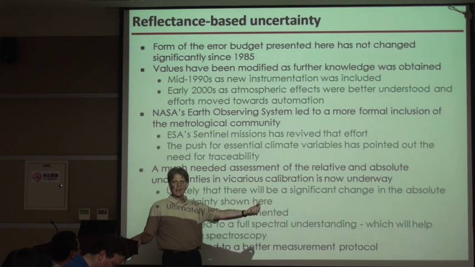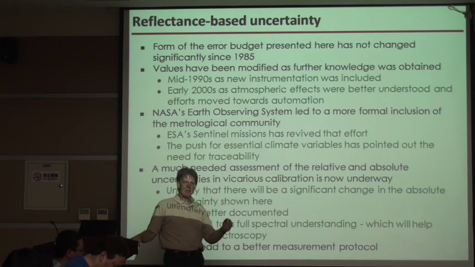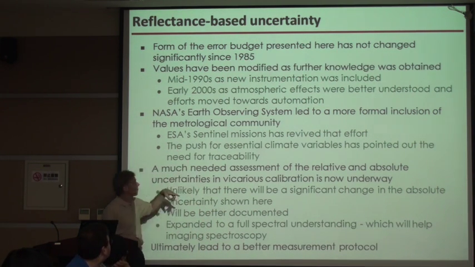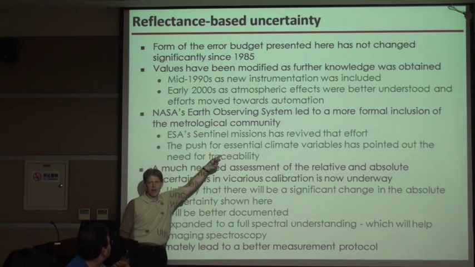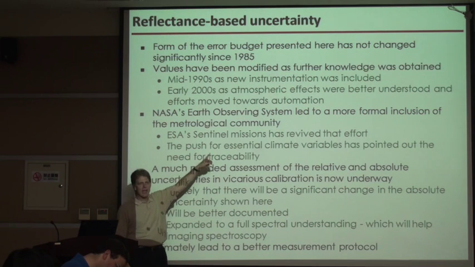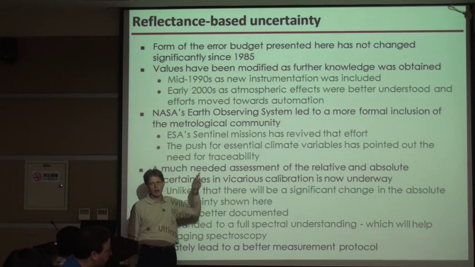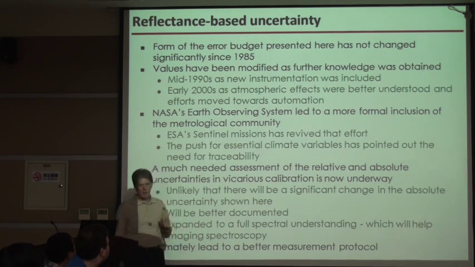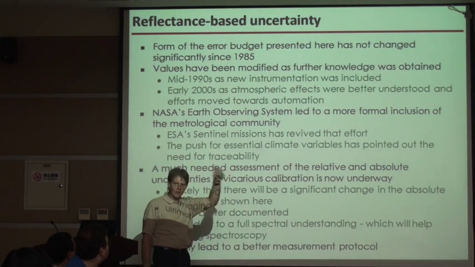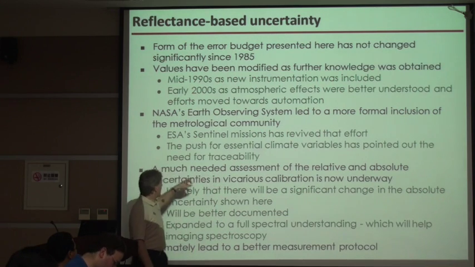We brought the meteorological community into the discussion, and they forced us to start doing better error budgets. ESA, frankly, right now is doing a much better job than NASA ever did in forcing their scientists to start doing better error budgets. The Sentinel program is just kicking it to the next level with their fiducial measurements and things like that.